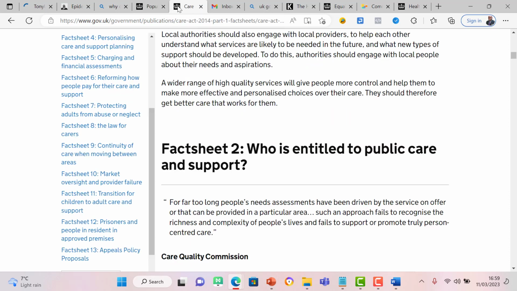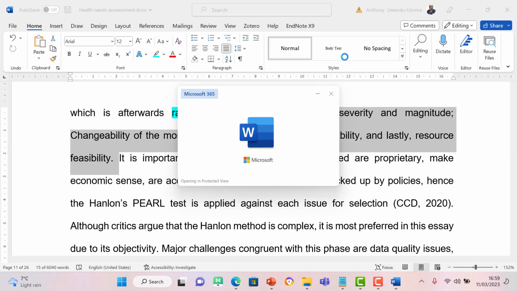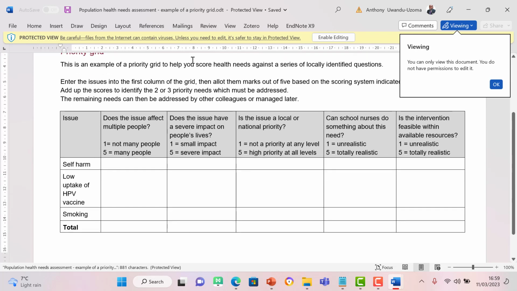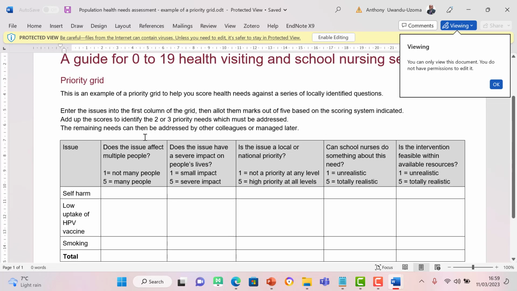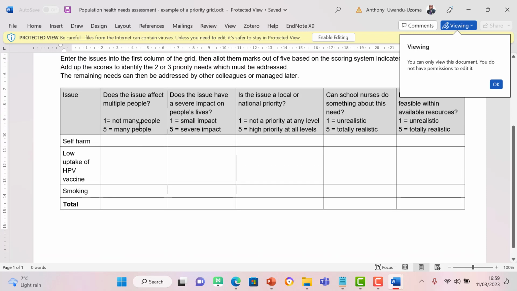Okay, so let me have a look at the template here. Just choose one template, don't mix them, just choose the one that favors you. You can see here the priority grid. Does the issue affect multiple people? This is 1 to 5 here.